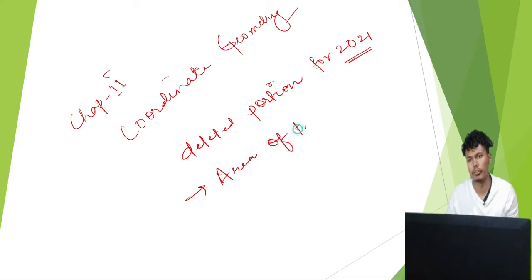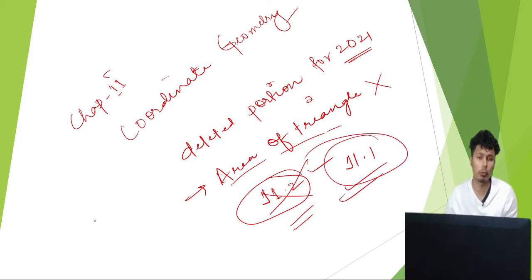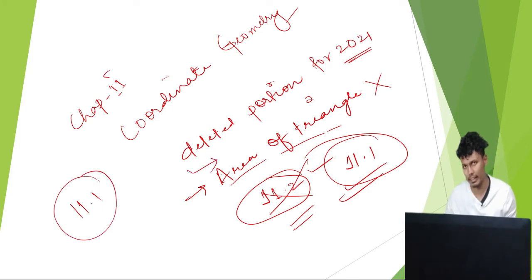Area of triangle is 11.2, so all the portion from 11.2 is deleted. The portion that we need to study is only 11.1.